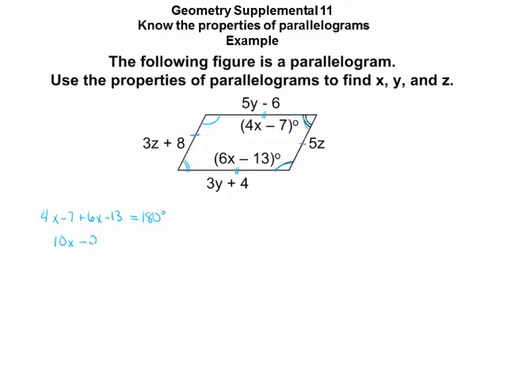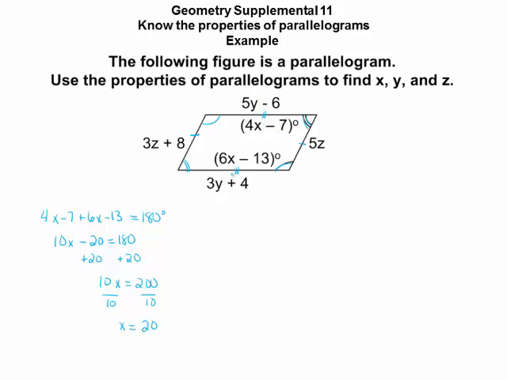So I have 10x minus 20 is equal to 180. I'm going to add 20 to both sides. I have 10x is equal to 200. Divide both sides by 10, and I get that x is equal to 20. So there's x. Next we'll do y.